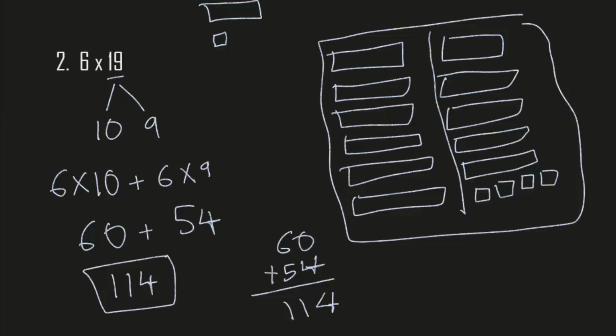Now let's do the last problem I'm showing you. So 3 times 24. What we're going to do here is break down 24. But now this is more than 20. So we have to break it down into 20 and 4.